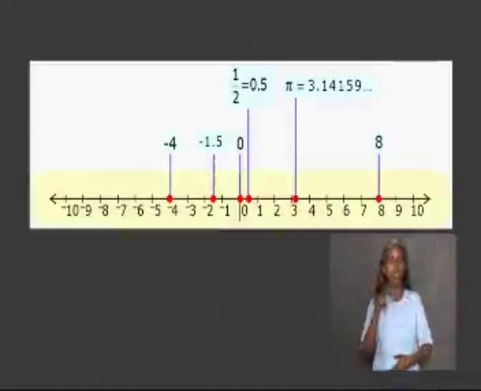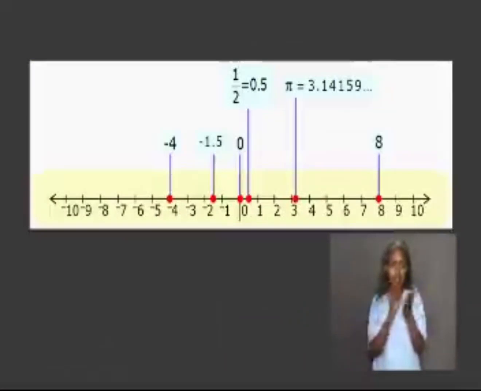Since all real numbers can be located on the number line, it can be used to compare and order all real numbers. For example, we can see that 1 over 2 is greater than -4, and pi is greater than 0.